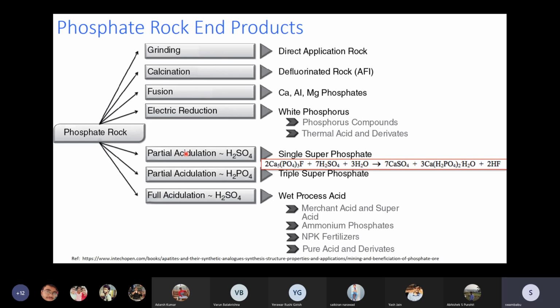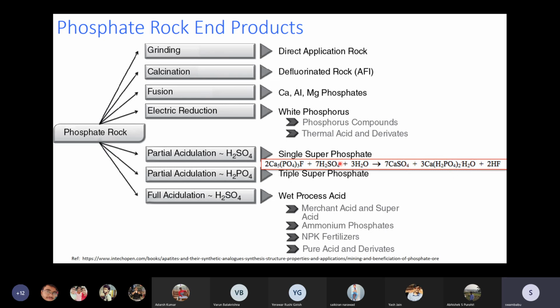We supply a limited quantity of sulfuric acid so that we avoid this dihydrate formation. Only the phosphate rock is converted to Ca(H2PO4)2·H2O, and this is called single superphosphate.